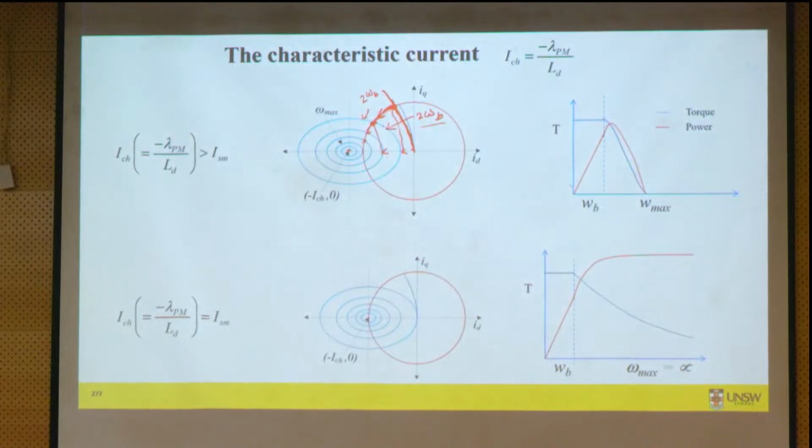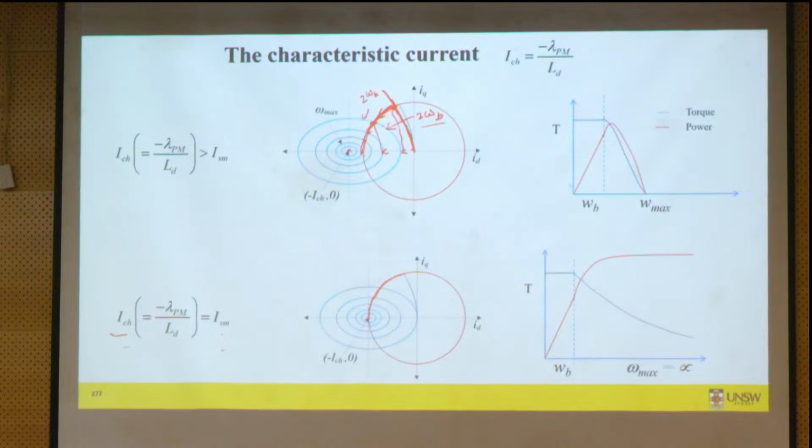So if the characteristic current is outside, my last point of operation will be here. This is how I will be operating, and this will be my last speed. I cannot go any further. But if the characteristic current is at the cross section of the current limit, here, that means the characteristic current and your rated current are equal, then theoretically you can keep going up to infinite speed through flux weakening.